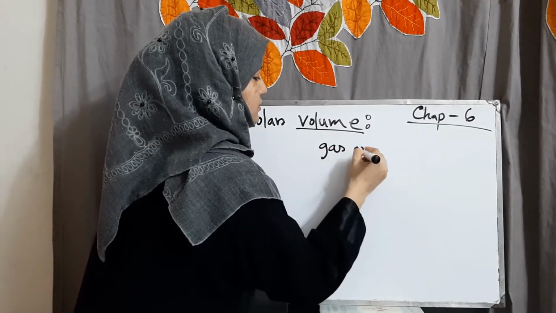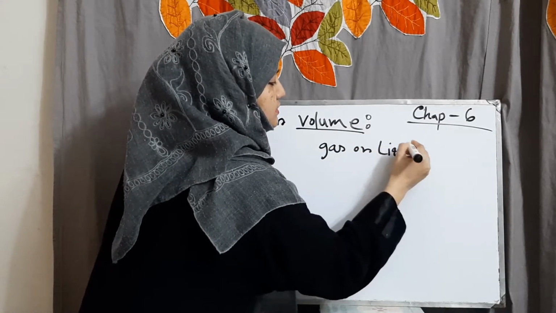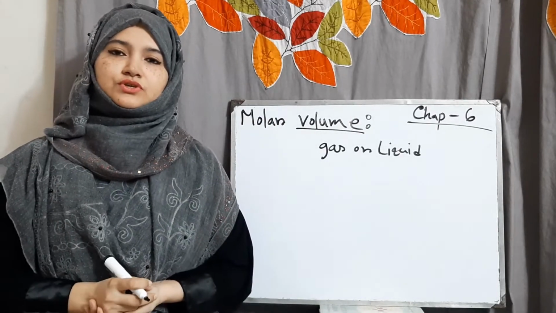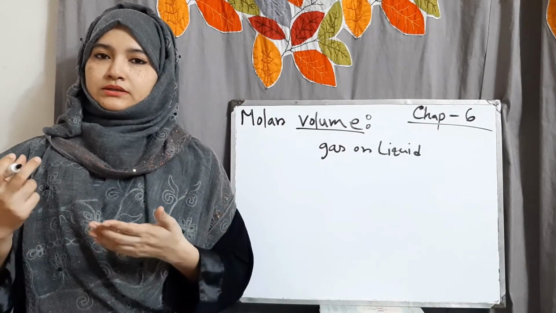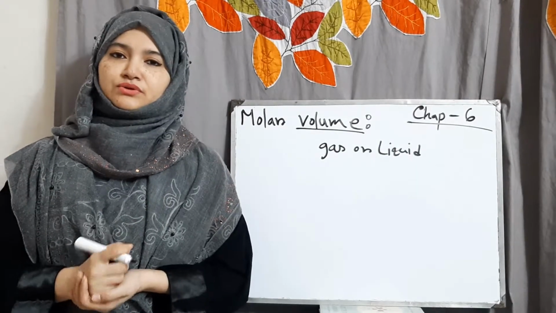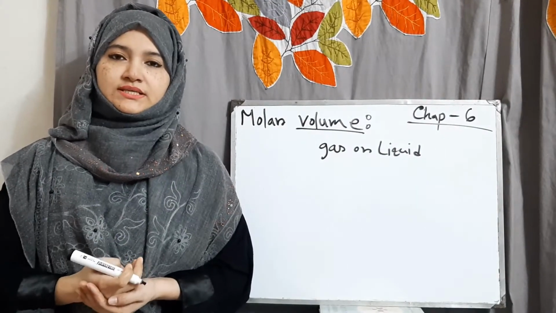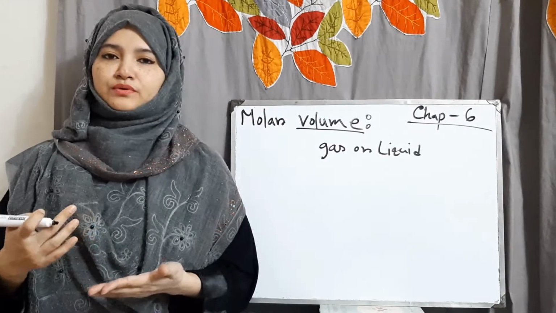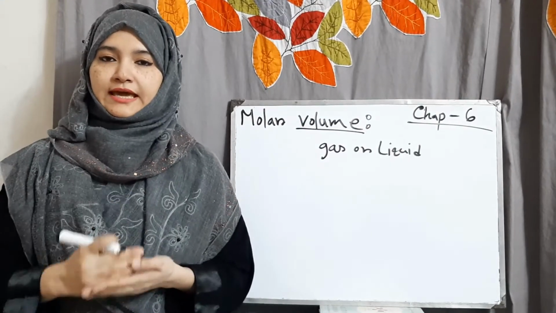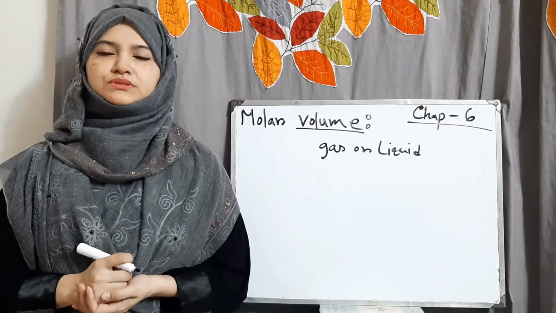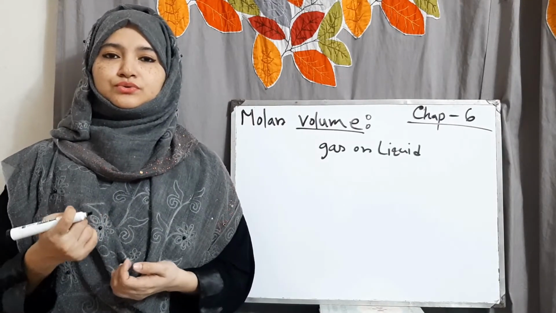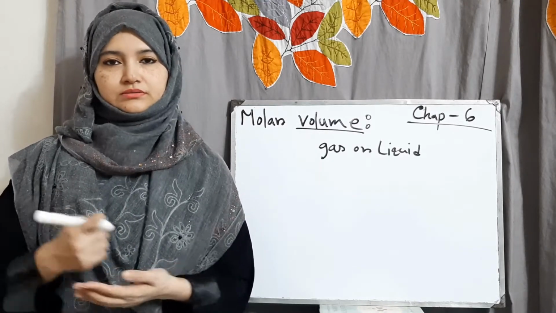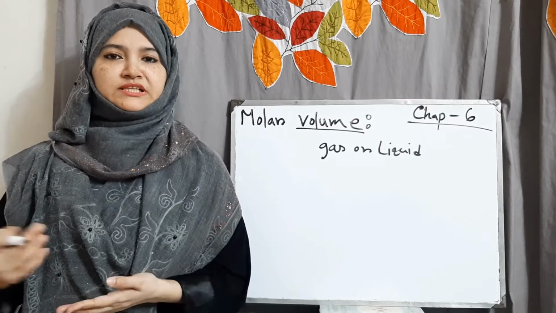For solids we use mass units such as gram, kilogram, milligram. And for gas or liquid we usually use volume units, which are mainly liter and milliliter.